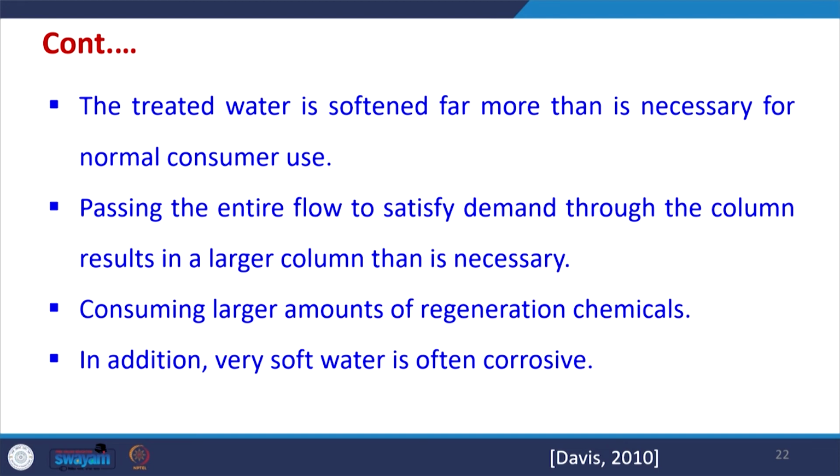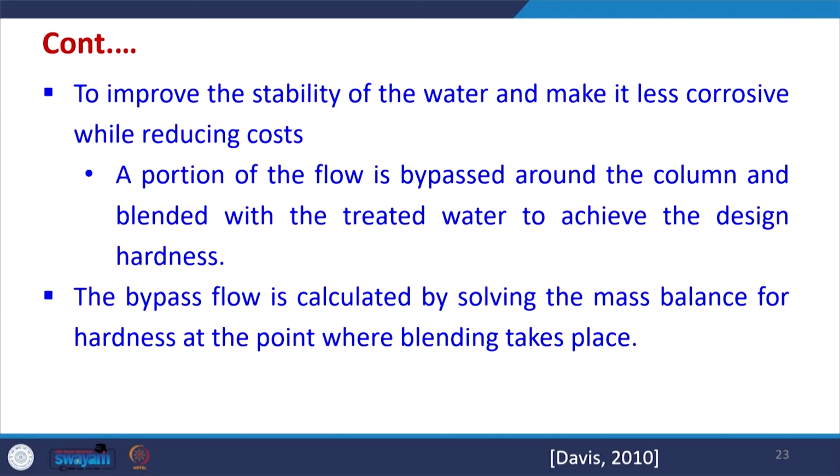So in the bypass scheme the column may be a little larger and may consume more regenerating chemicals, and sometimes the very soft water that we get is often corrosive as well. These are the different methods of operation of the ion exchange bed, and with the bypass we are able to improve the stability of the water and make it less corrosive while reducing the cost.